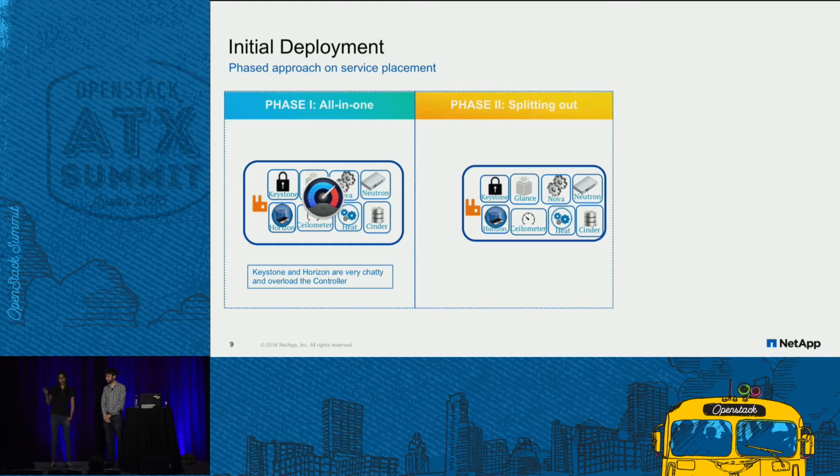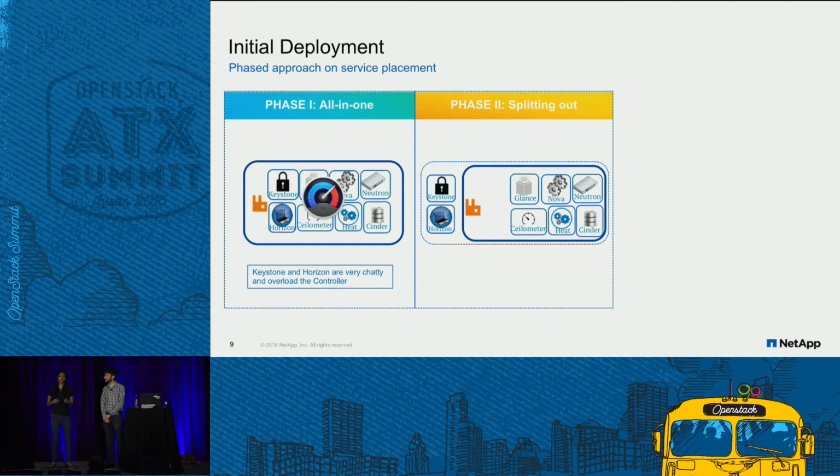So we went to phase 2. In this phase, we decided to split out the Keystone and Horizon components and host them onto dedicated separate machines. This allowed the controller node to be relieved of all that overloading, so it could focus all of its processing power on the more important VM operations.